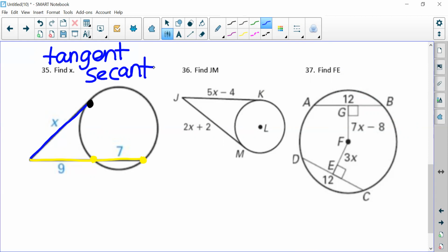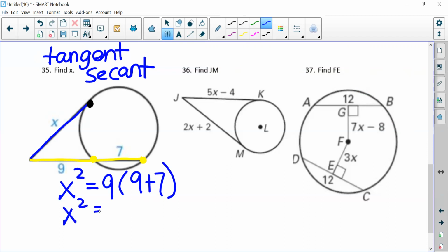What our formula for tangent secant tells us is that we take the length of the tangent, which in this case is x, and set it equal to the external part of our secant, which is 9, times the length of our entire secant, which is 9 plus 7. Okay, we bring down our x squared. Y'all, 9 times 9 is 81. 9 times 7 is 63. Okay, because we had to distribute.